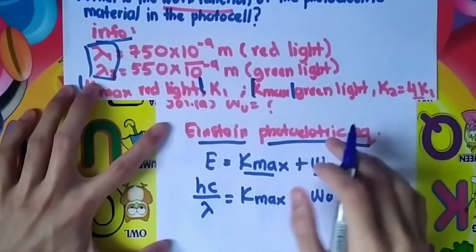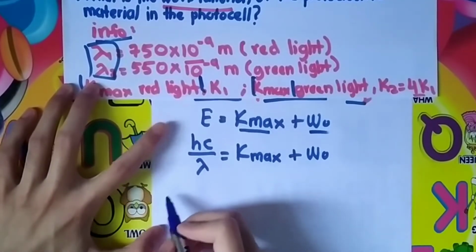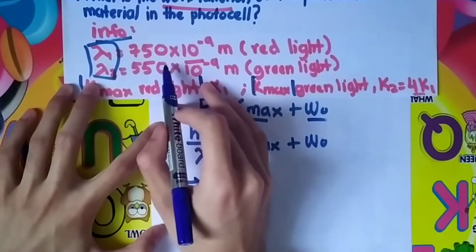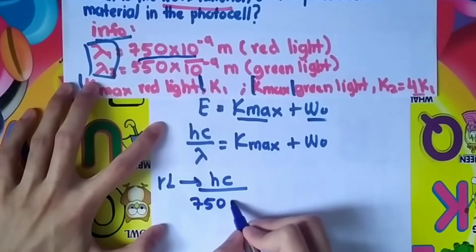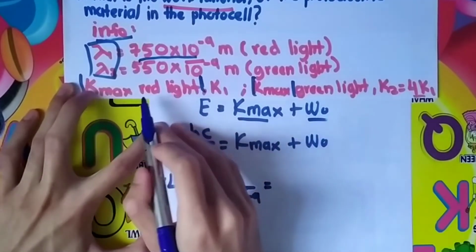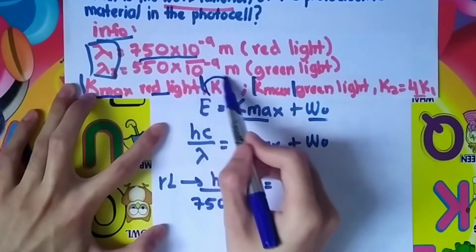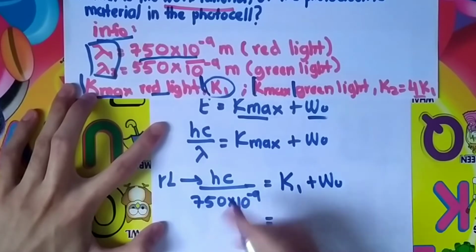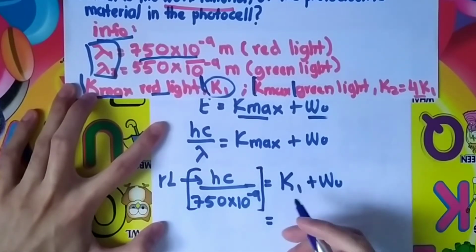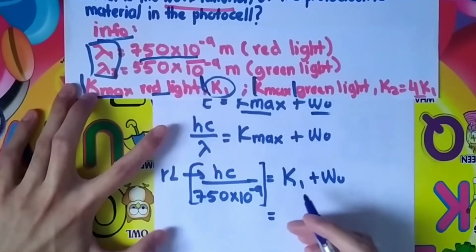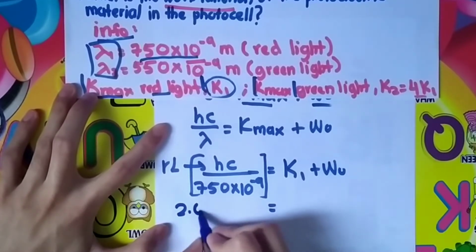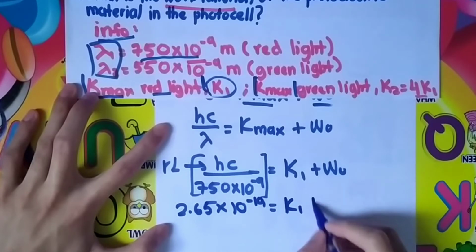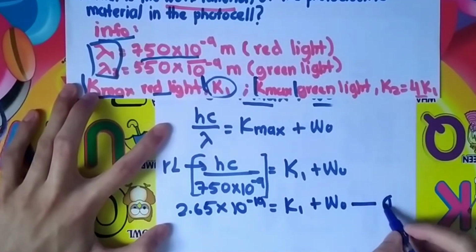For the first equation, we calculate the red light first, which I write as RL for red light. hc divided by lambda for red light, 750 times 10 negative 9, equal to Kmax for red light, which is K1, plus W naught. hc is a constant, so we calculate using our calculator and get 2.65 times 10 to the negative 19 equal to K1 plus W naught. This is our first equation.